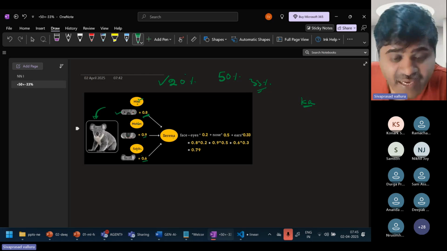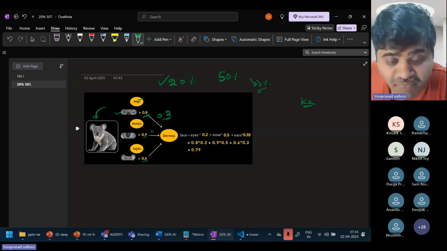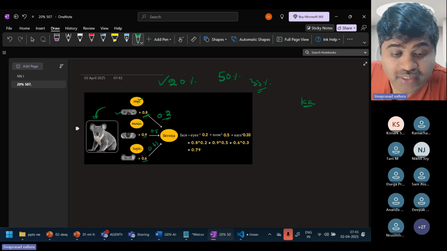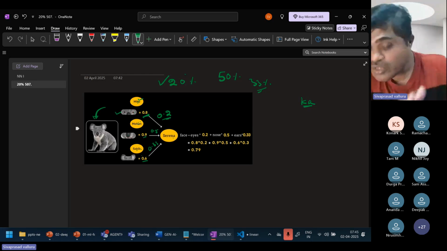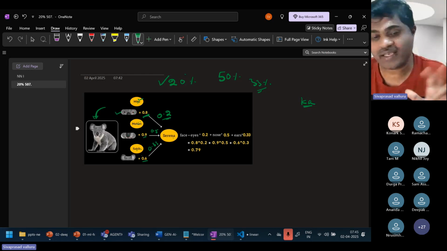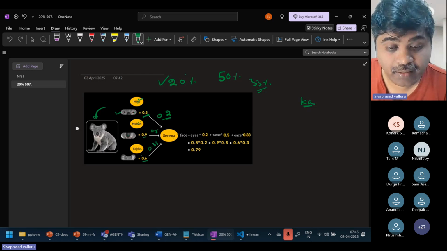So when Serena has got these scores, she will understand: I'll give 0.2 weightage to Mike, 0.5 weightage to Mohan's prediction, and 0.33 weightage to Sakib's prediction. Based on past experience, Serena is giving some weightages to their predictions.